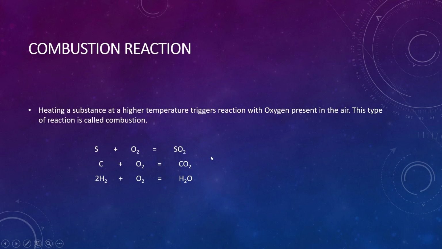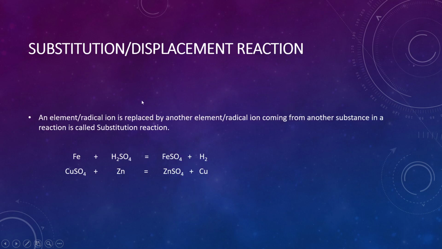We can apply heat by flame, by electricity, etc. So sulfur is making sulfur dioxide with oxygen, carbon is making carbon dioxide, and hydrogen is producing water. So these are combustion reactions. They happen with oxygen.